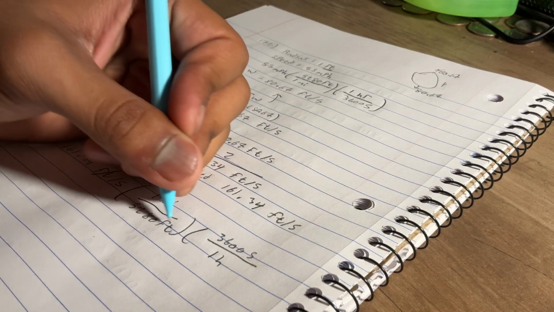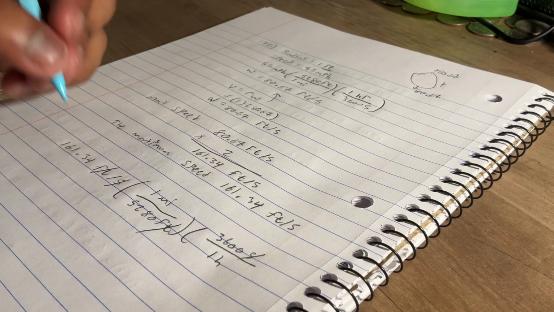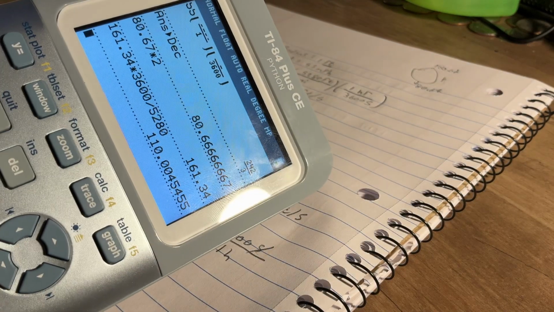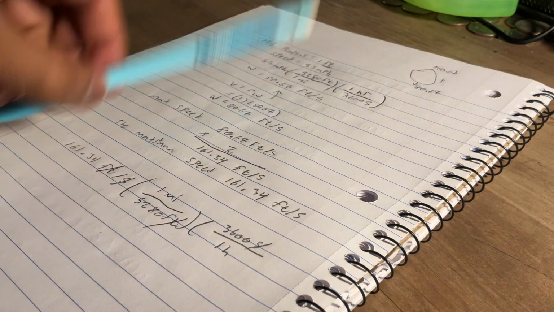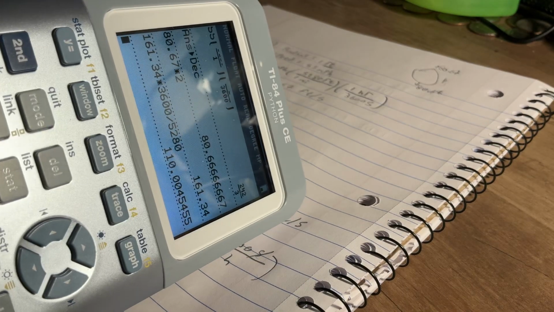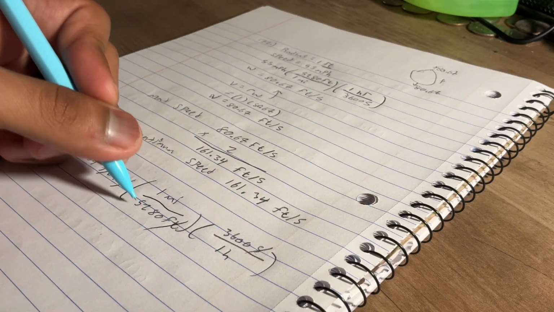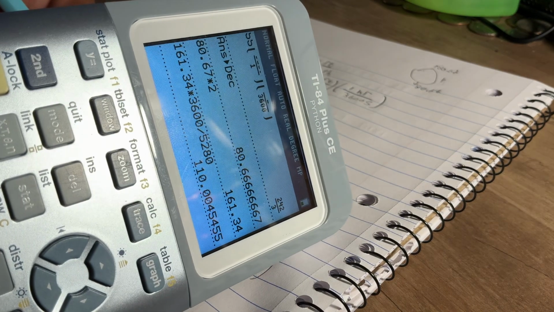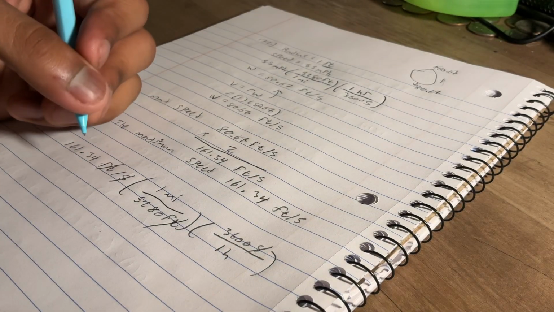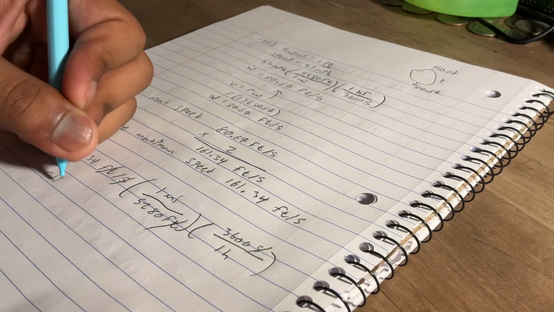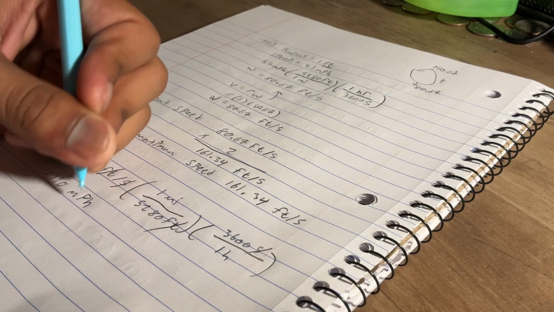It's going to leave you miles per hour. I did this backwards on my calculator, but it still gives you the same answer: you multiply by 3,600 and divide by 5,280, and you get 110. So that's going to equal 110 miles per hour.